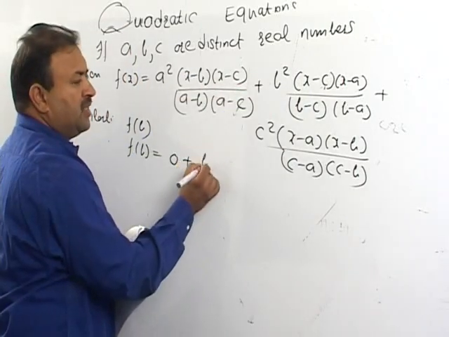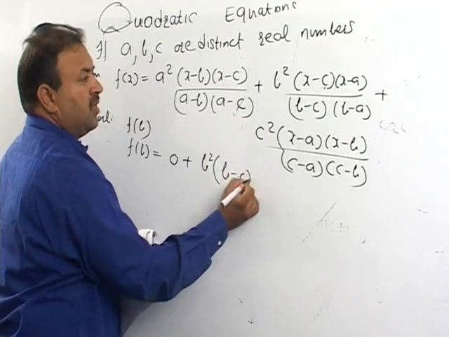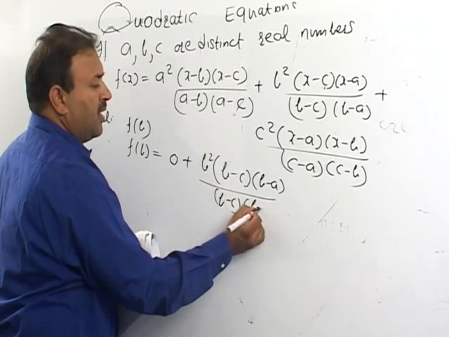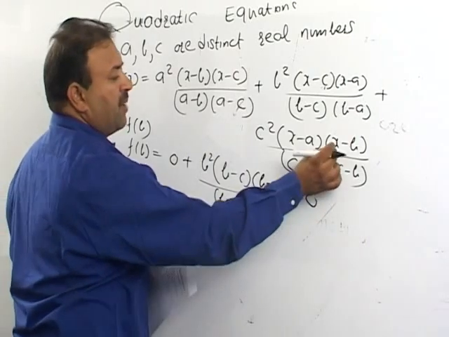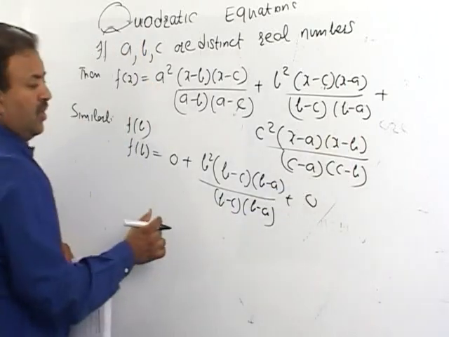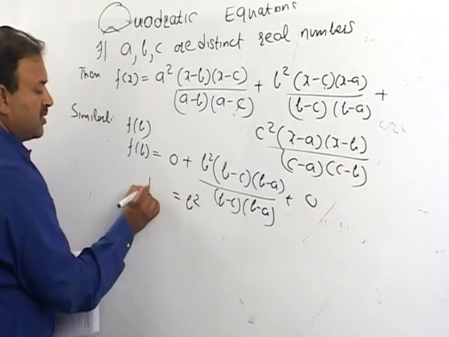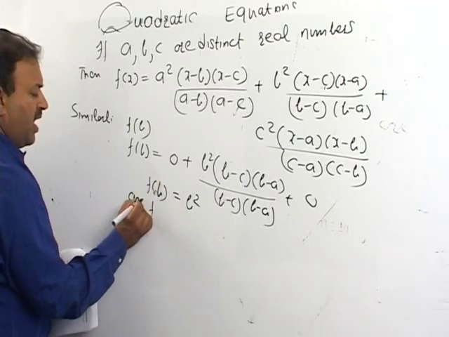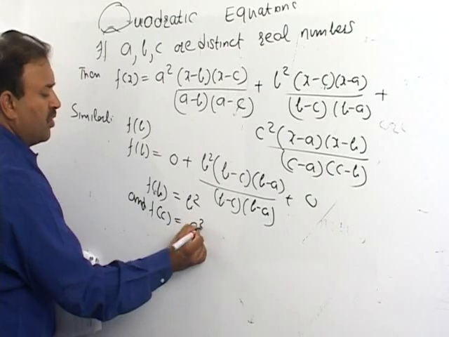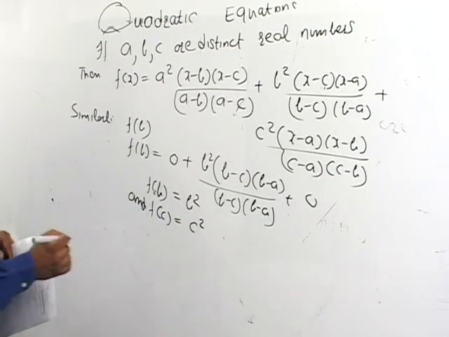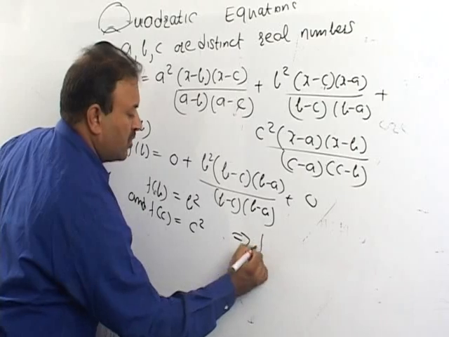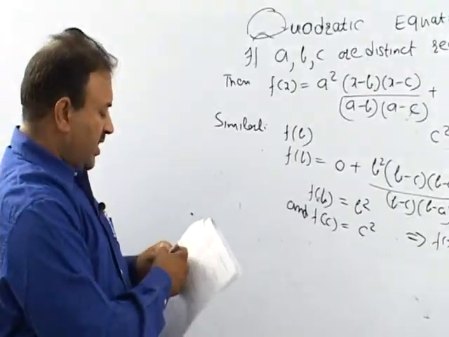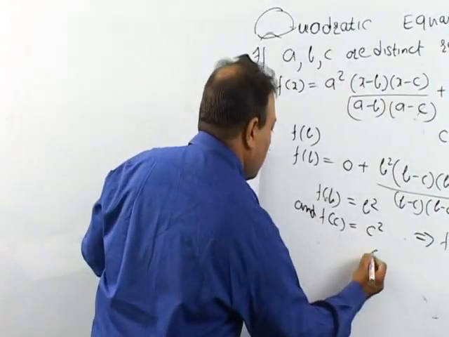Here it will come out to be b square (b minus c)(b minus a) upon (b minus c)(b minus a), plus again, substituting b here, we will get 0. So this term will be equal to b square, and f(c) is also equal to c square. This means our f(x) is equal to x square. Our expression is equal to x square, and the right option is C.